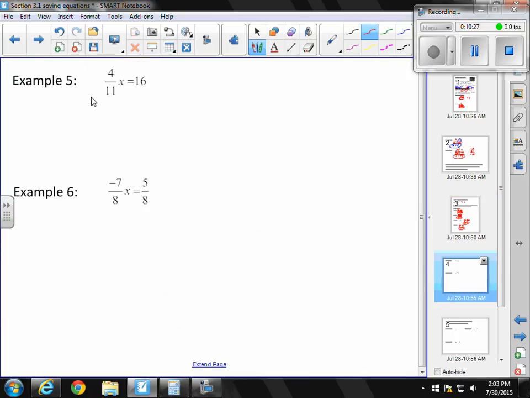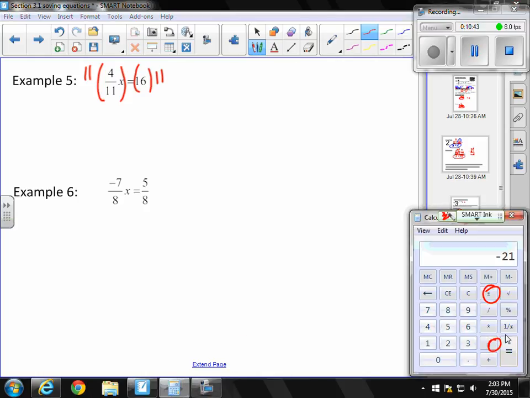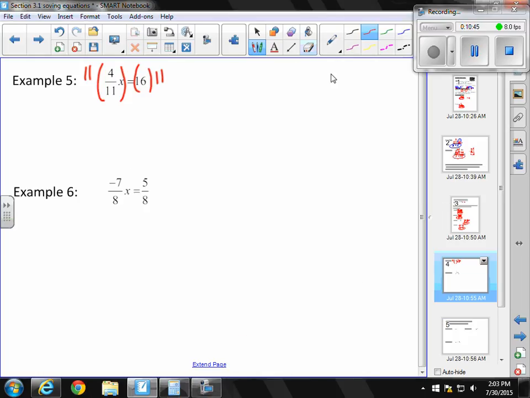Example number 5. Now this one looks a little bit different, but it's still the same principle. We want to get rid of that denominator. In order to get rid of the denominator, we're going to multiply both sides of our equation by 11. And I am going to use my calculator again here when I have larger numbers to work with.